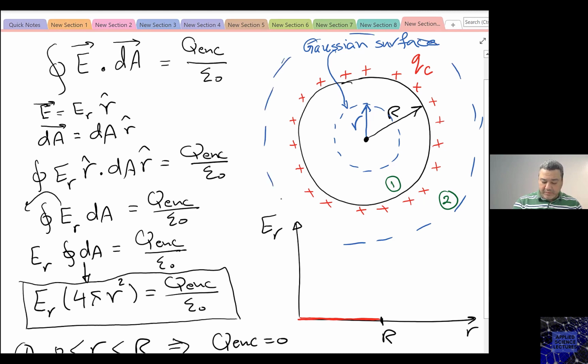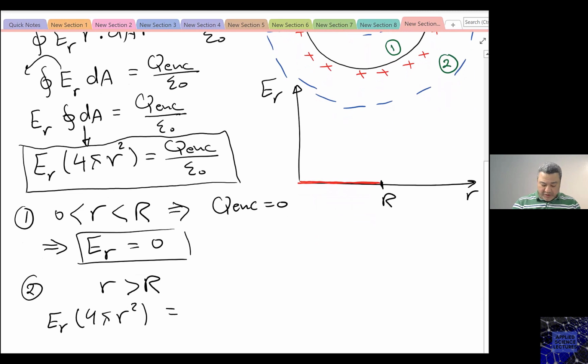It's also a spherical closed surface with a radius of small letter r, which is my variable. However, now the Q enclosed is not 0. The Q enclosed is Q_C. I am enclosing all the charges on the surface of this spherical conductor, so it is Q_C divided by epsilon naught.